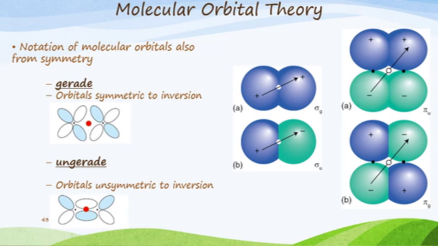All right, so now what does this g and u stand for? Well, they are German words, and they describe the orbitals' symmetry to inversion.